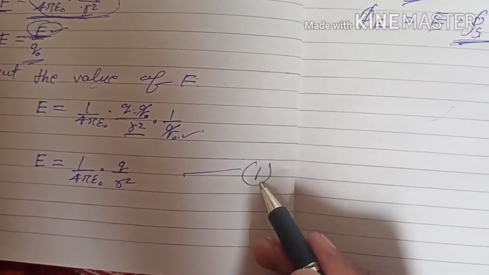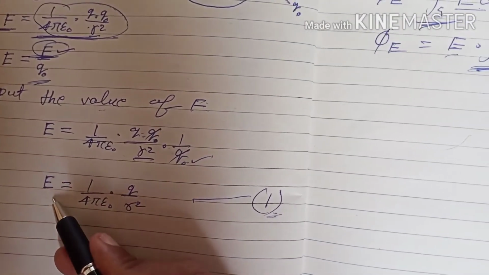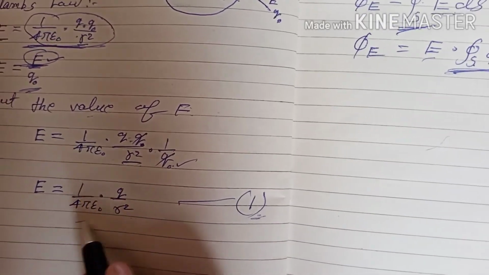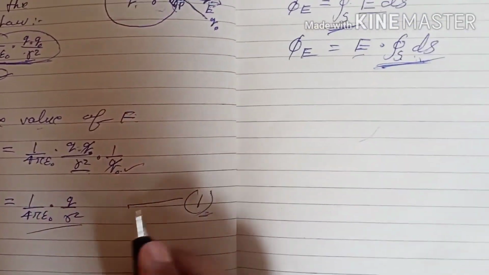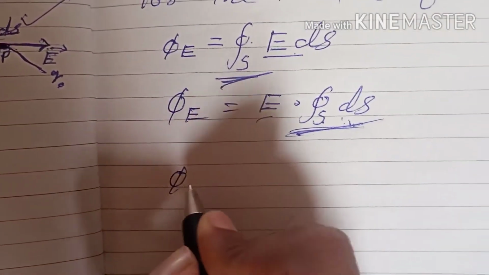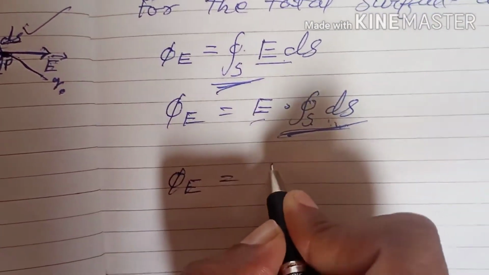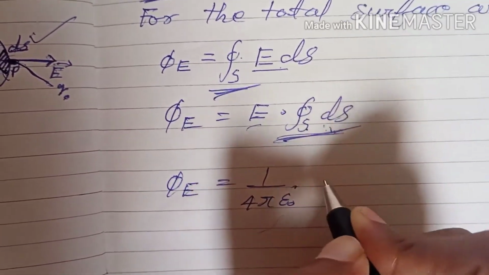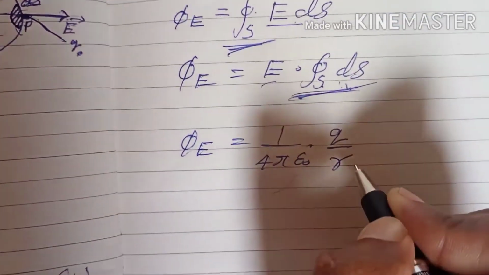In equation 1, what is the value of E? 1 upon 4 pi epsilon naught q upon r square. So by equation 1 we put this value of E. Phi E is equal to 1 upon 4 pi epsilon naught into q upon r square.